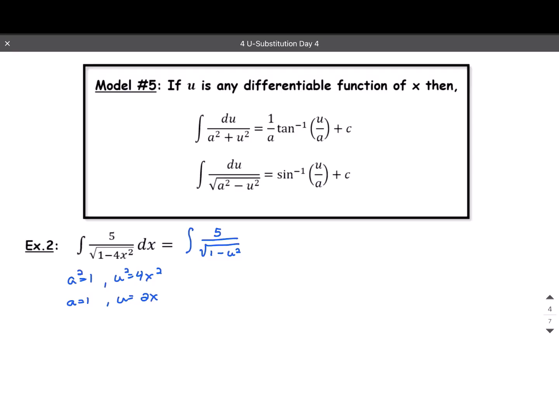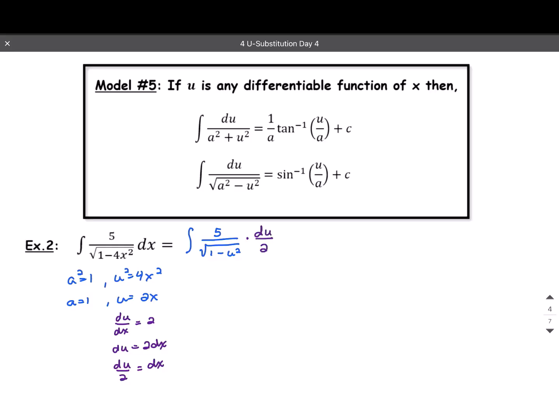And I've got to do my du dx here, so hold that thought. If u is 2x, then du dx is 2. So I have du equals 2 dx, and du over 2 equals dx. So now we're going to multiply up here by du over 2.